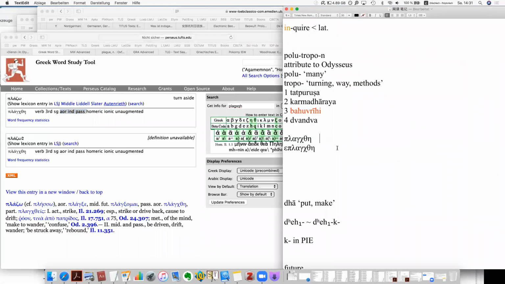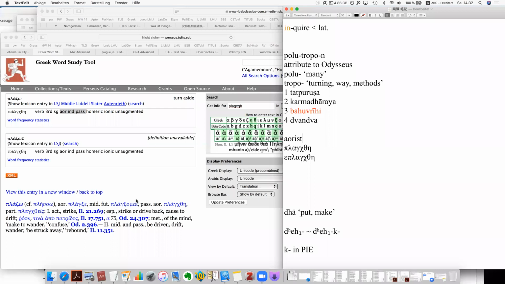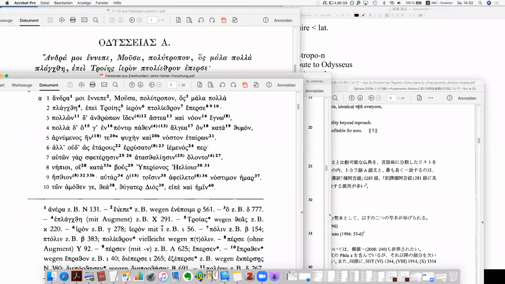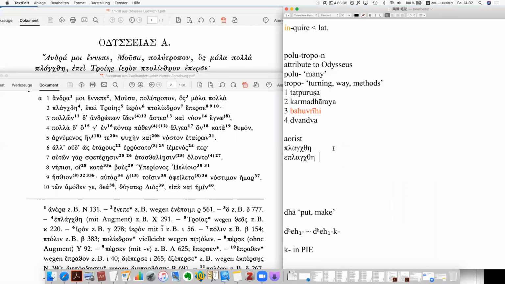And this is aorist, right? Okay, and then can anyone tell me which one is correct? Or they are both correct? So what is your opinion? First one is correct, second one is correct, or they are both correct? Both are correct. The second one.